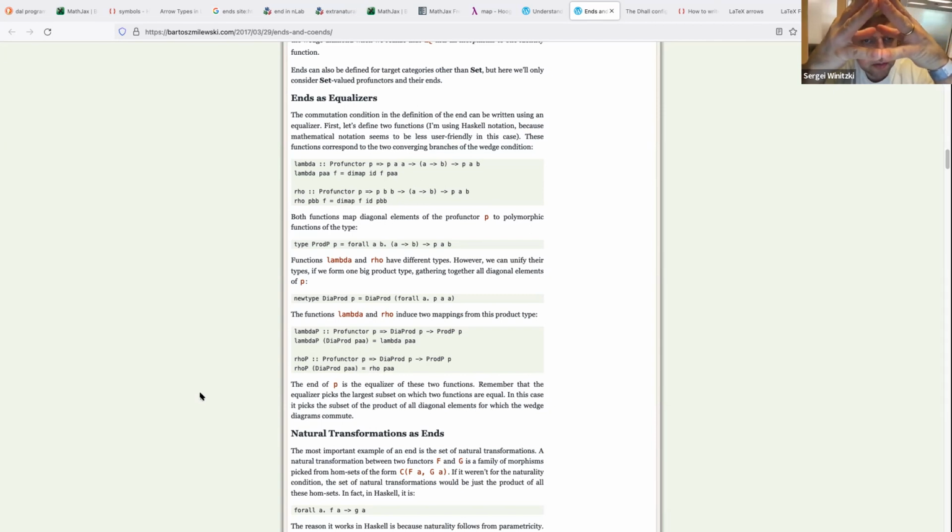So why do you lambda profunctor P, diaprod, which is the diagonal product of all PAA?